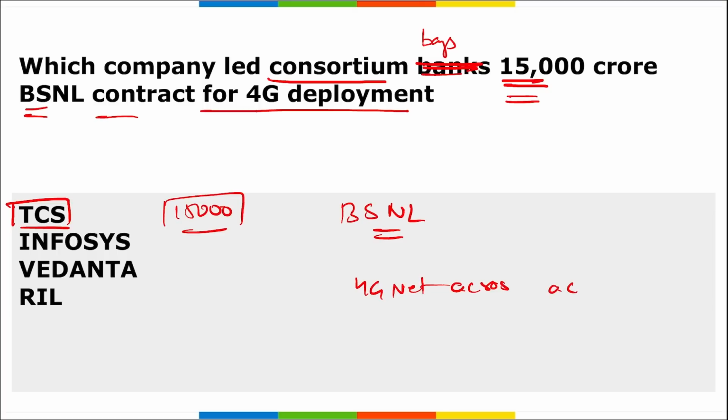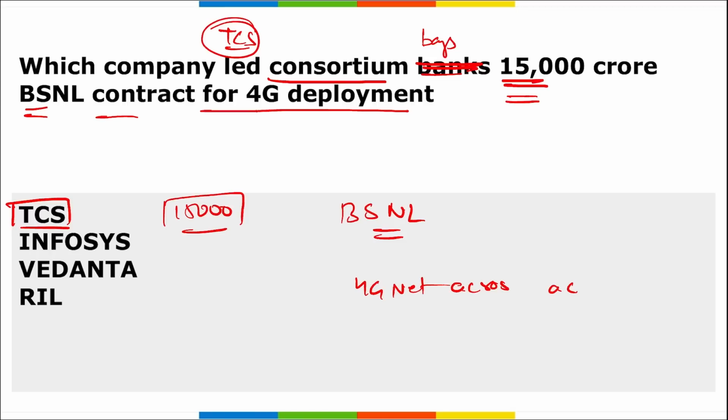I repeat this news and it is important, do take a note. It is your TCS led consortium, right? They have bagged an order for 15,000 crore rupees from Bharat Sanchar Nigam Limited, that is your BSNL, and this is for the deployment of 4G networks across India. Correct? This consortium consists of the Tejas Network Limited, right?